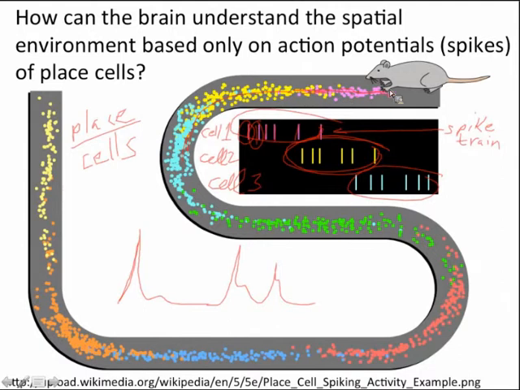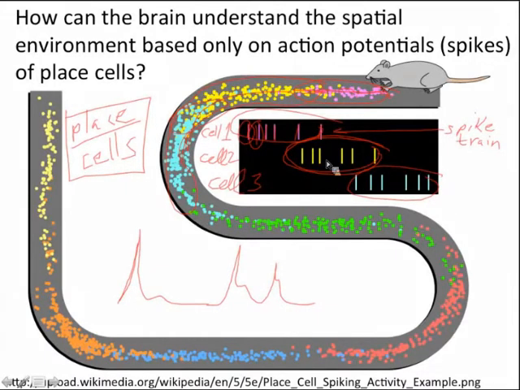So cell 1 only fires in this region. Cell 2 only fires in this region, and cell 3 only fires in that region. So depending upon the place where the mouse is, a particular cell will fire, the neuron will fire, and that's why they're called place cells.